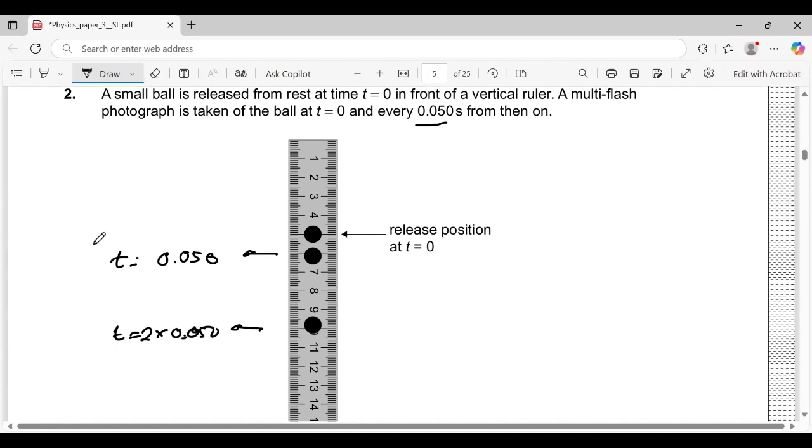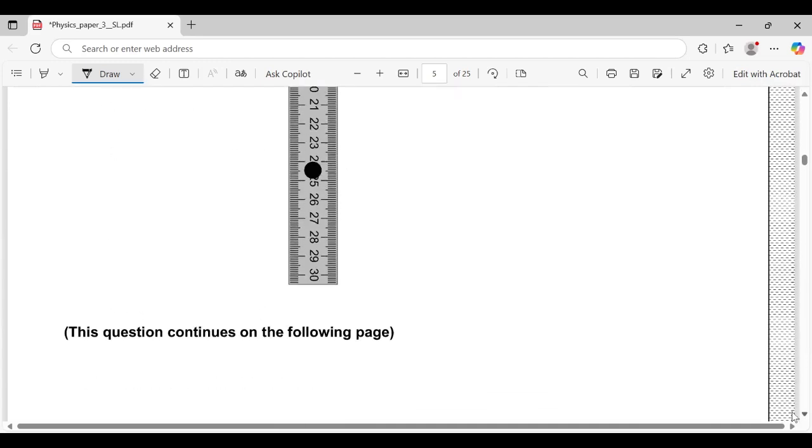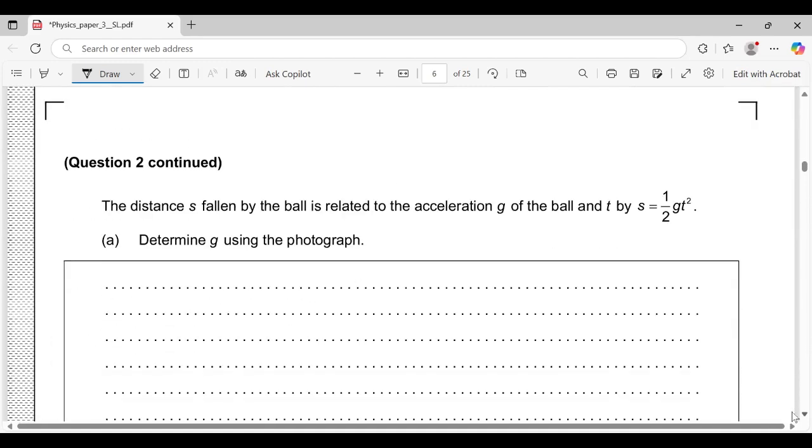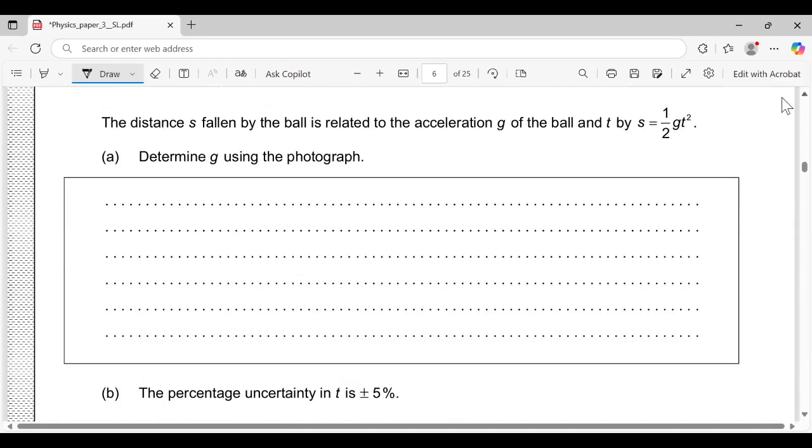But I would like to use t equals 0.050 to calculate g.